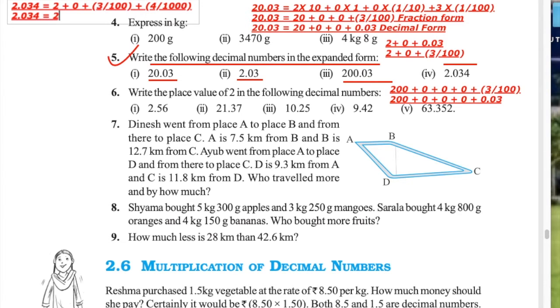Expanded form in terms of decimal form, it will be 0 at tenth place plus 0.03 at hundredth place plus 0.004 at thousandth place. So this will be your answer. So you can cross check all your answers.